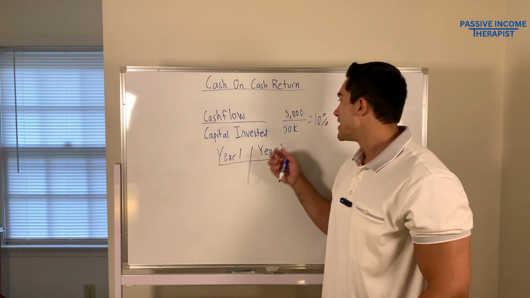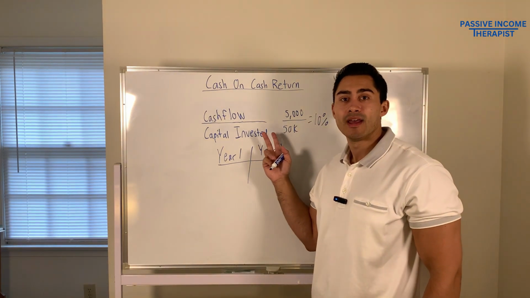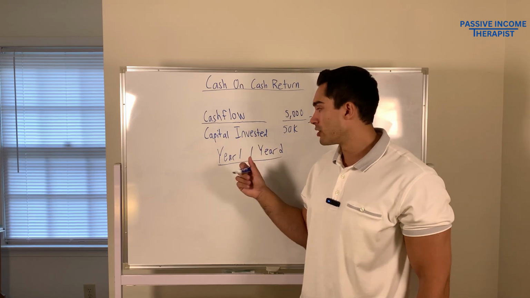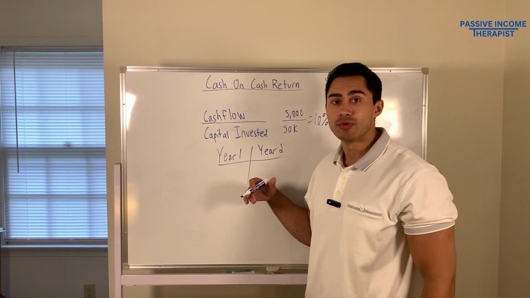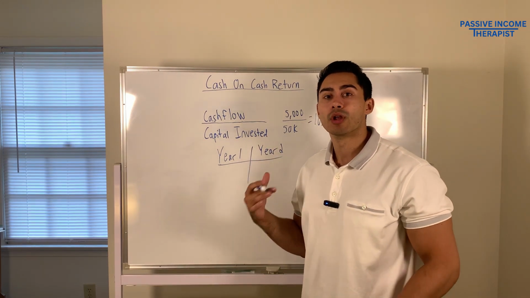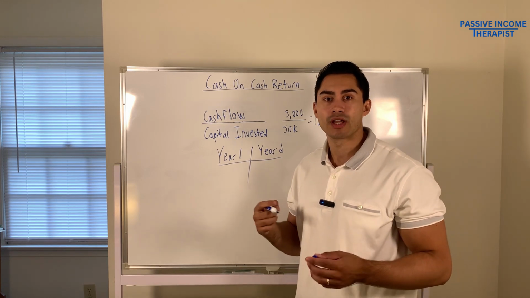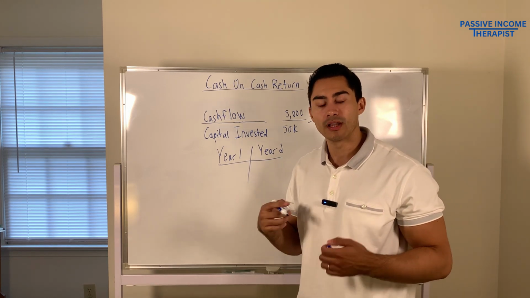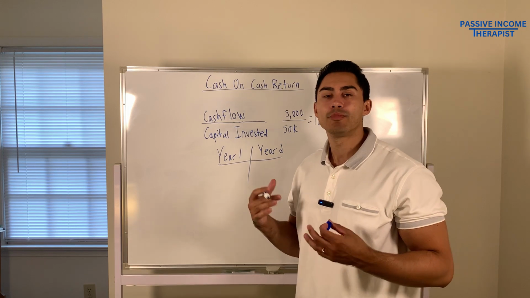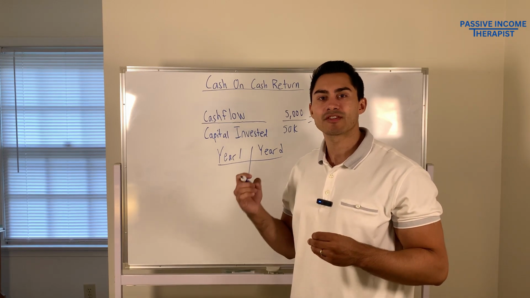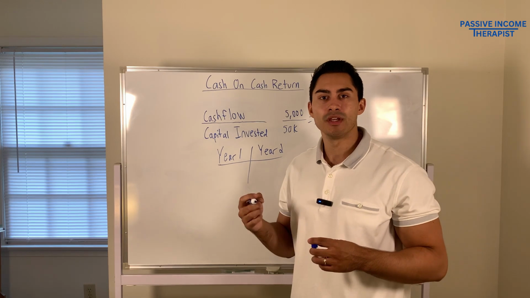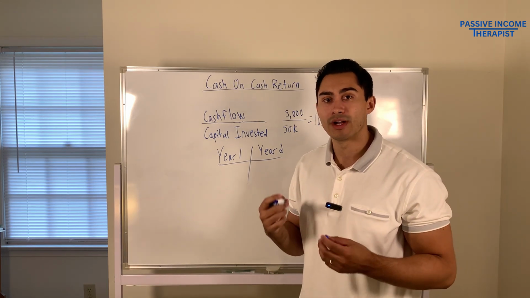For example, say in the first year you're looking at a 10% cash on cash return and in year two it goes up to say 12%. You're likely going to get a better cash on cash return as that deal goes on, at least with the pro forma. And it can help you analyze to see if your cash flow is going to be up to speed with where you want it to be for that real estate deal.